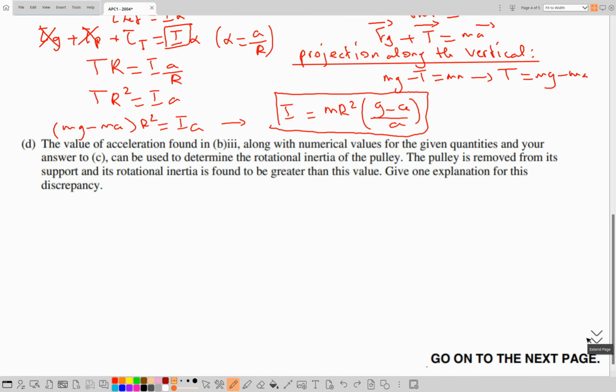But as the string slips, we will measure a greater acceleration. So in brief, we're measuring a greater acceleration. Even looking at this expression, a greater acceleration would give us a smaller rotational inertia, because if a increases, the numerator will decrease and the denominator will increase, which will decrease the value of I.